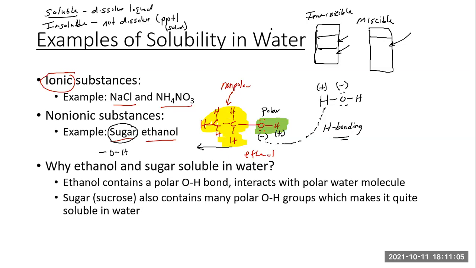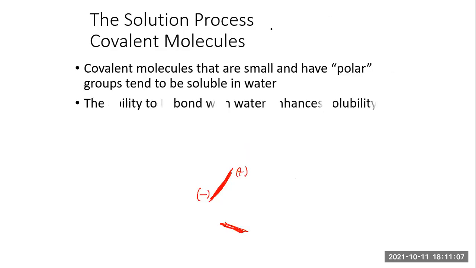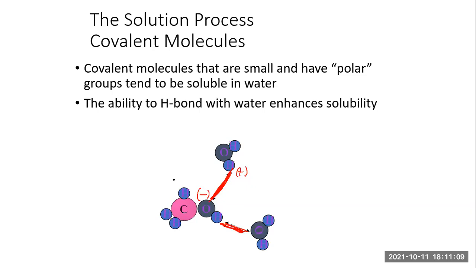Basic interactions for things that allow them to be soluble in each other means that they do have to have very similar sorts of interactions in order to really mix and be soluble in each other. And most interactions that occur between molecules is the basic positive negative electrostatic attraction.